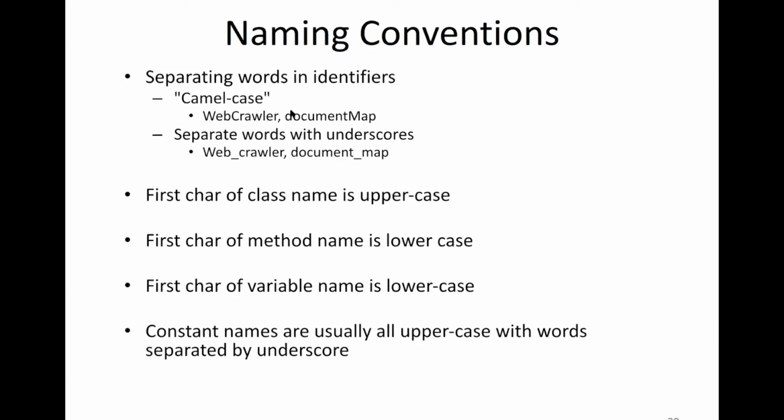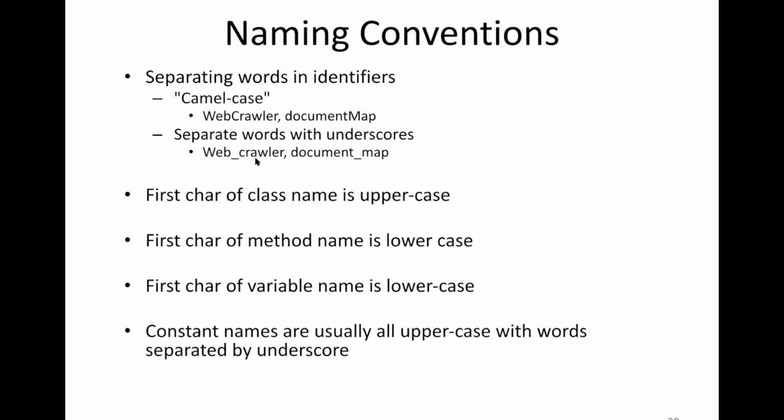And sometimes the first letter of the first word is lowercase. In Java, the convention is camel case, where with class names, the first letter of every word is capital, but for variable names, the first letter of the first word is lowercase. That also allows you to distinguish easily what's identifying a class versus what's identifying some variable.